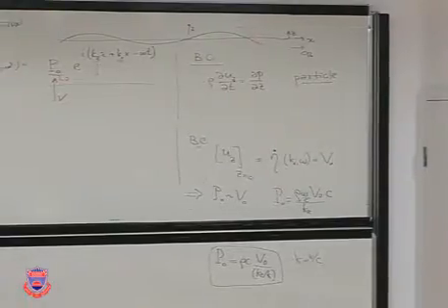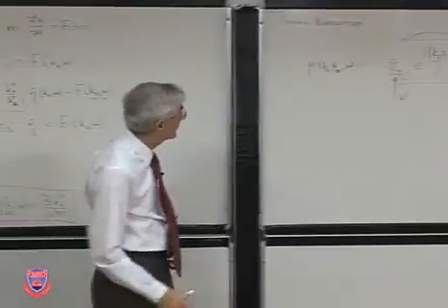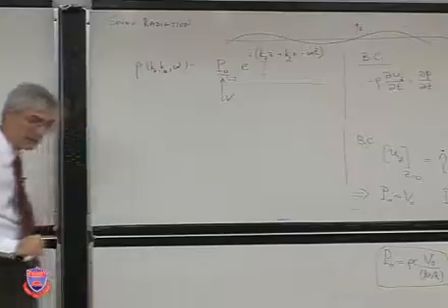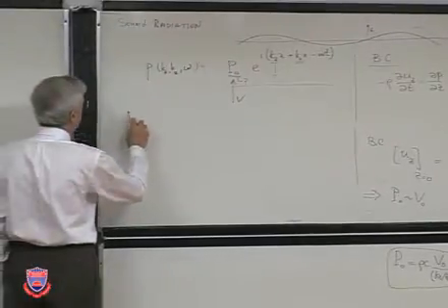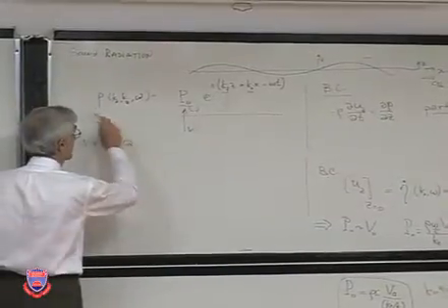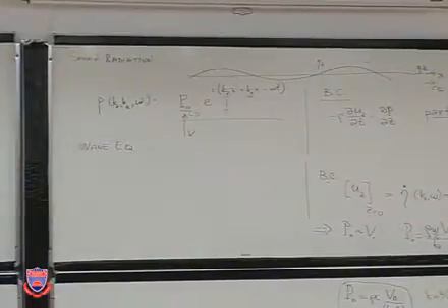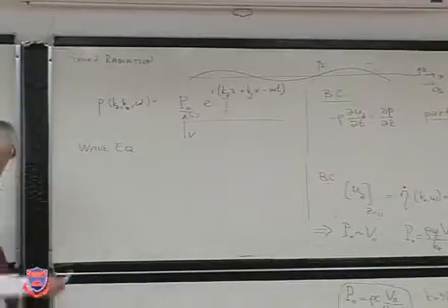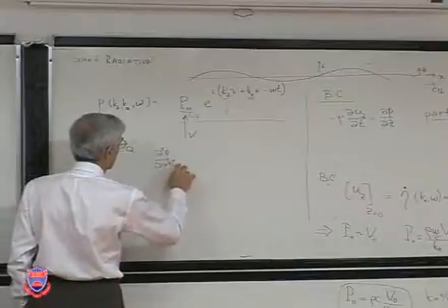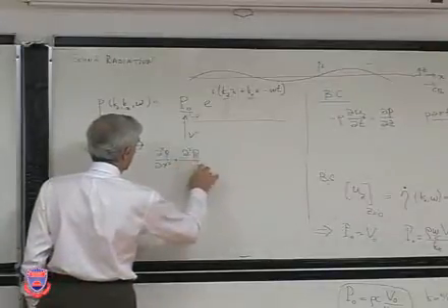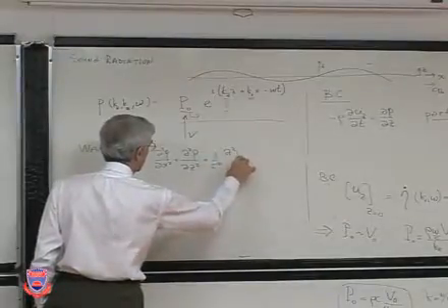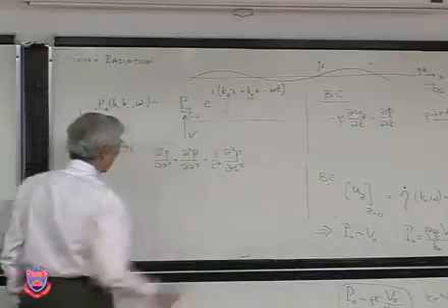The next thing we do is find out how we find the wave number in the z direction, and that's from the wave equation. Because a pressure expression must also satisfy the wave equation, and the wave equation was the Laplacian of p equals one over c squared times the second time derivative.